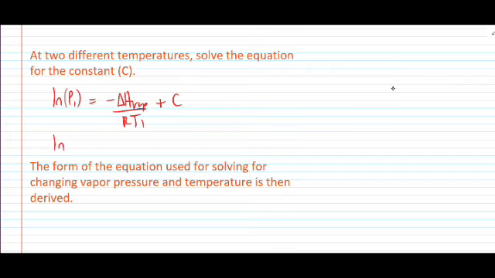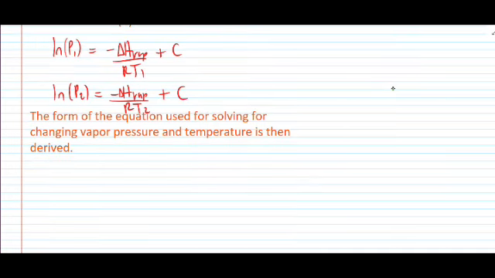We can also look at natural log of pressure 2, just a second point of reference, equal to negative molar heat of vaporization over RT2 plus this same constant. Now we can set both the before and after scenario, 1 versus scenario 2, equal to each other. So let's finish out deriving the expression.